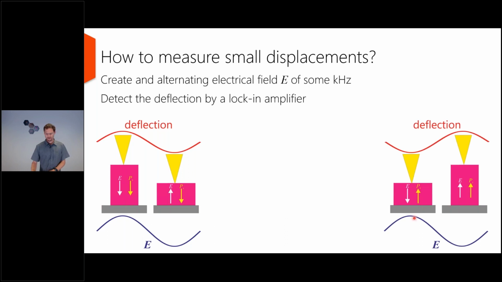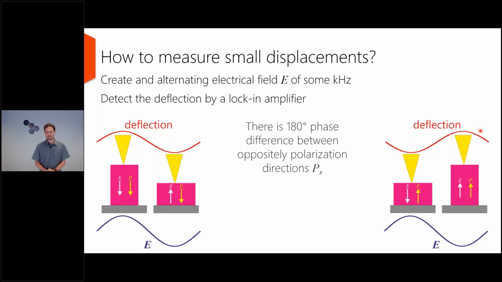What happens now if I have the same field, but the polarization of the sample is the other way around? So left, the polarization is downwards. Here on the right, the polarization is upwards. What you see is that the deflection is moving more or less with the same amplitude in this case, but the phase has been flipped. And this is what you can immediately see.